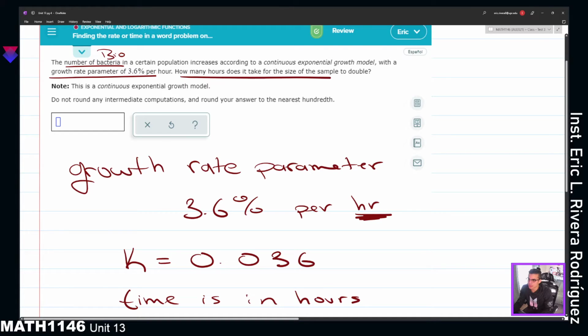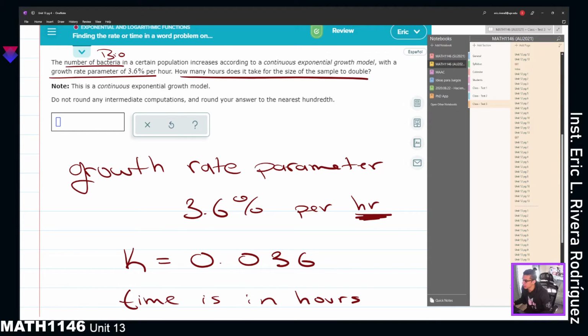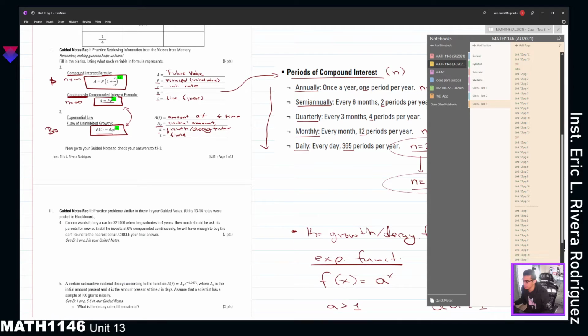How many hours does it take for the size of the sample to double? That's a very important question, and this is a very important exercise. Let me see if we got that from the first one.